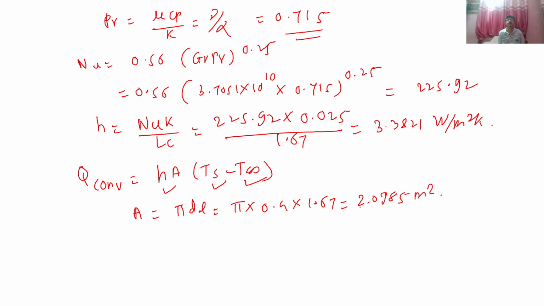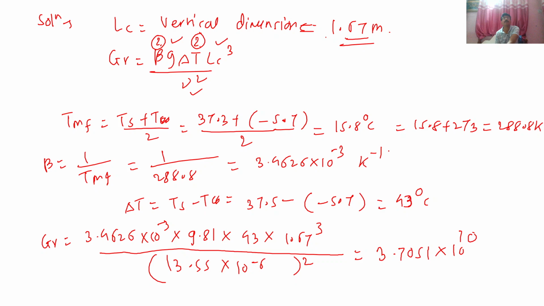So pi into 0.4 into 1.67 comes around 2.0985 meter square. So to get Q convection, h I know 3.3821 into area 2.0985 into Ts minus T infinity, delta T, which is already known to you.